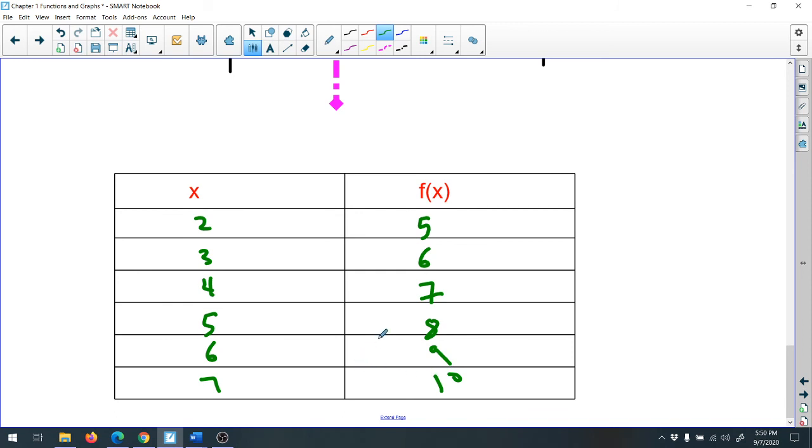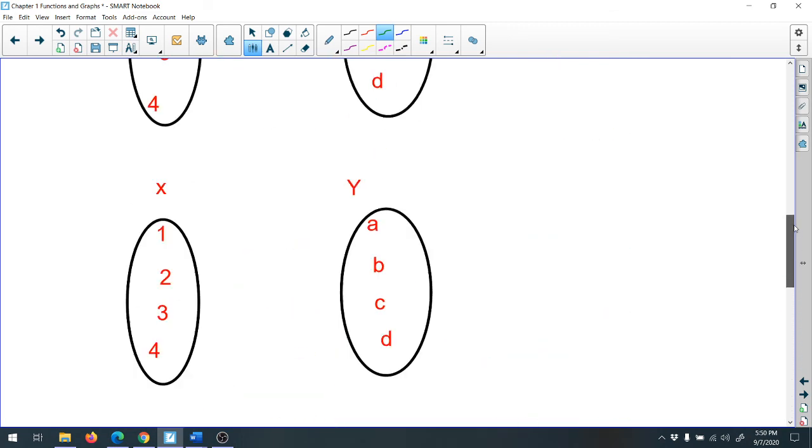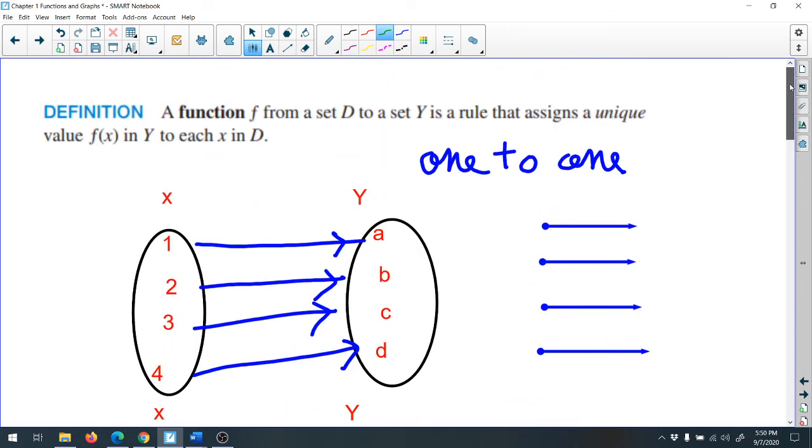Is it a function? Look at x. You don't see a repeated value here. 2, 3, 4. No 3 and 3. They didn't repeat 3, 4, 5, 6, 7. So it has a unique value. So this is a function.